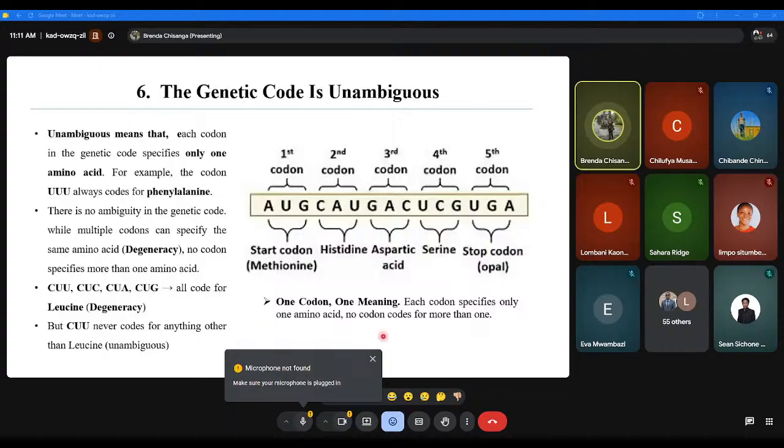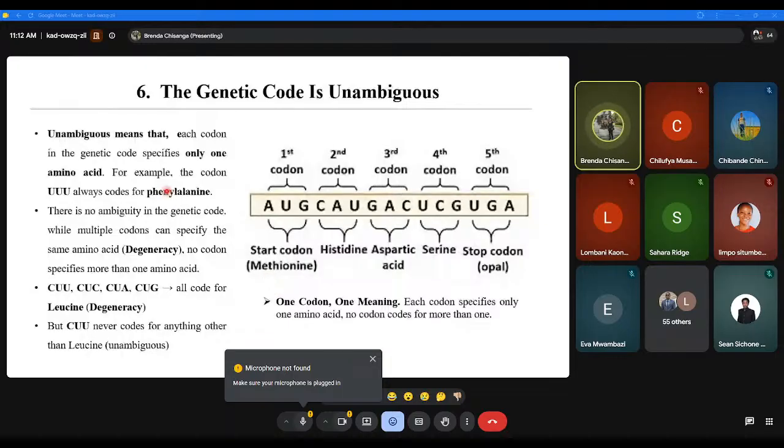In addition to that, one of the features of the genetic code is that it is unambiguous. What this means is that each codon only specifies one specific amino acid. While we can have more than one codon specifying the same amino acid, each codon should only mean one thing.